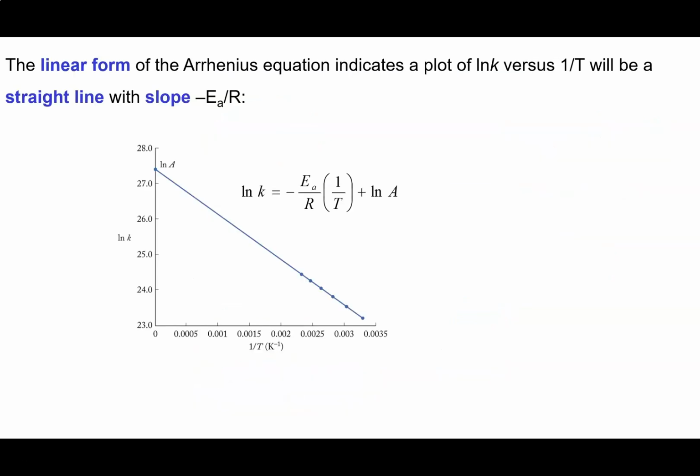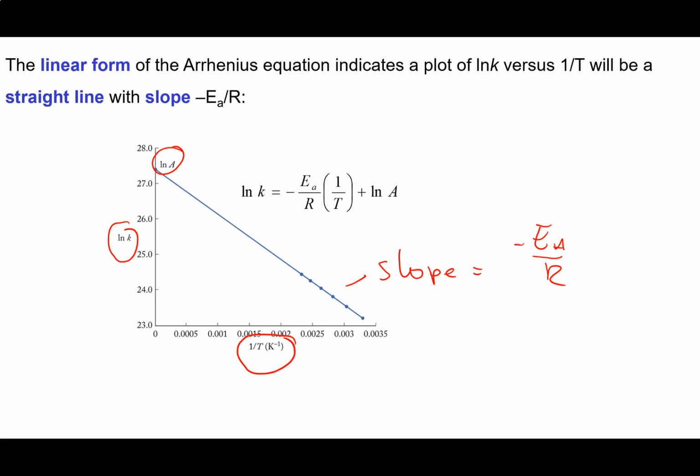So what this is really saying is, if you make a plot of log k against 1 on T, you'll get a straight line. The slope will be minus Ea on R, and the intercept will be the natural logarithm of the frequency factor.